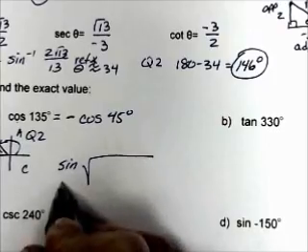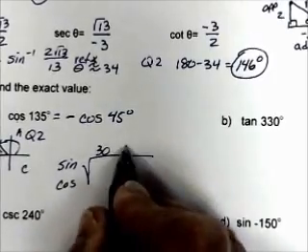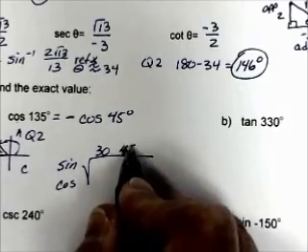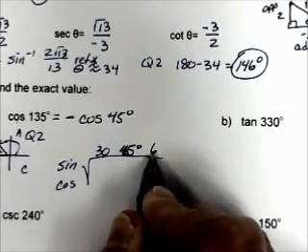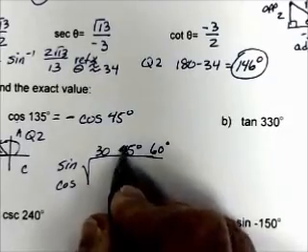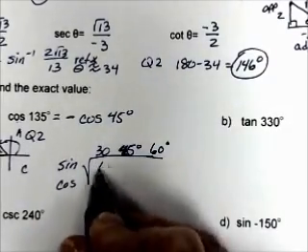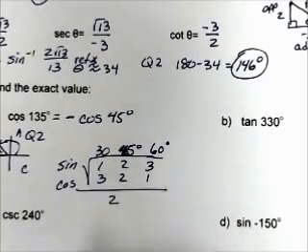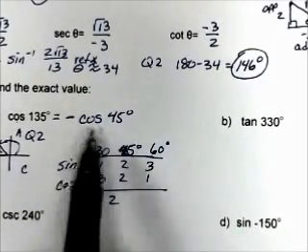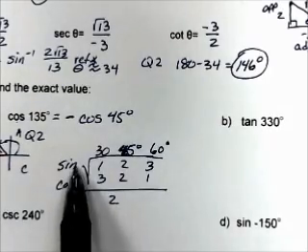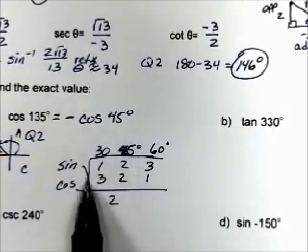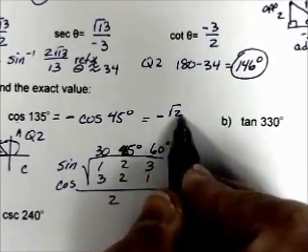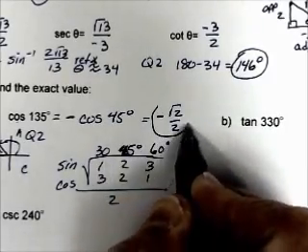This is sine, cosine, and let me get the 45 in there: 30, 45, 60. 1, 2, 3, 3, 2, 1, all over 2. So negative cosine 45, cosine of 45 is the square root of 2 over 2. So this equals negative square root of 2 over 2. This is our exact value.